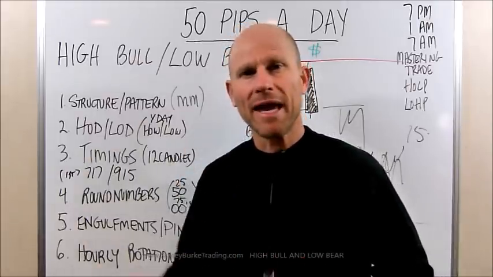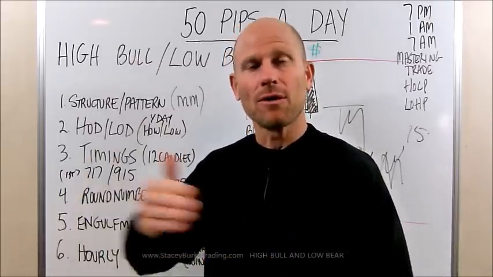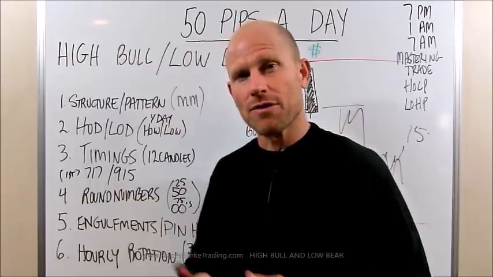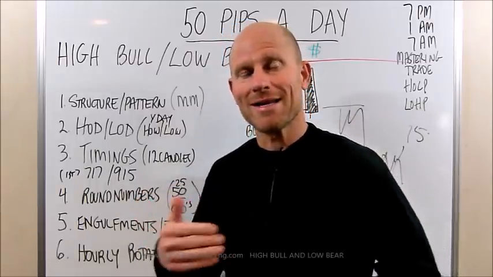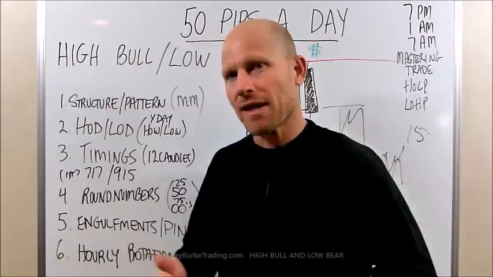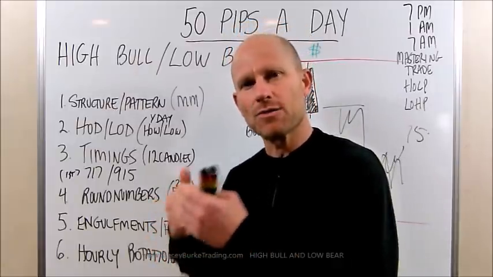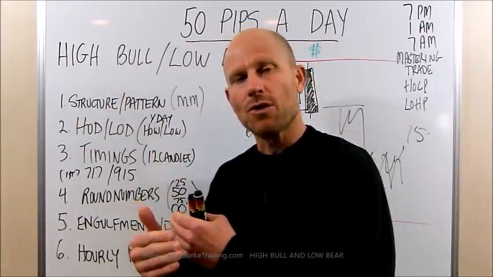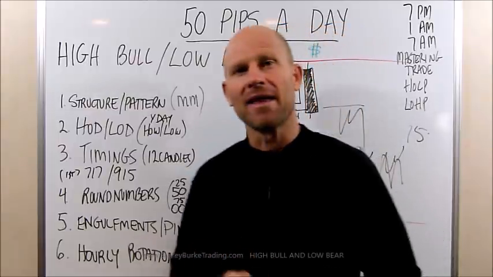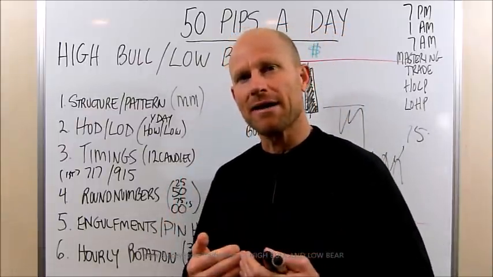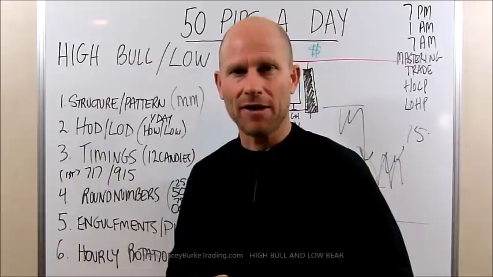So 4 candles, that hourly rotation, typically most of those reversals or trades set up in the first or the last candle, because that's when the hour closes. So if we have an engulfment and the market respects that heading into the next 12 candle window, we now have our 1-bar stop.